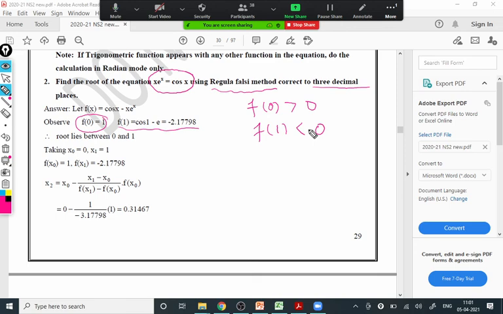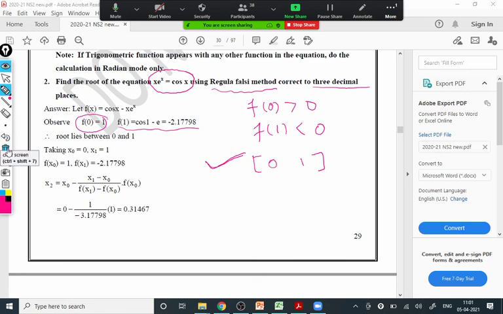That means the root exists in the interval 0 to 1. So step number 1 is to decide the interval in which the root exists, by checking that the values of f(x) have opposite signs. Here f(0) is positive and f(1) is negative, so the root exists in the interval 0 to 1.